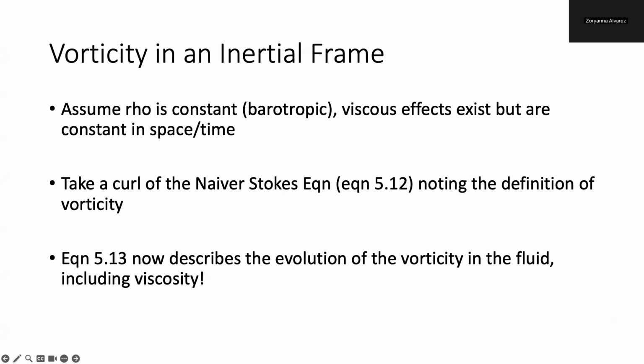So this becomes what? Do we leave mu inside? Well, I can do this, right? And then it's gonna be parentheses del cross u, which would be the vorticity again.